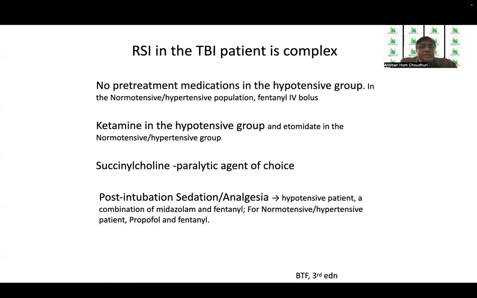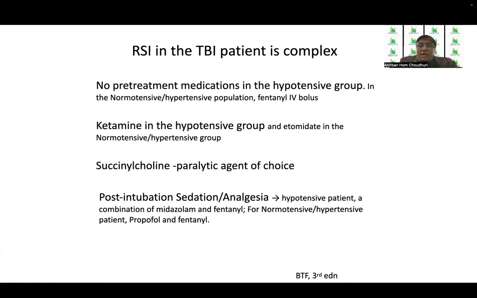So in the hypotensive group, we avoid it, but in normotensive or hypertensive population, a small dose of fentanyl bolus can be given. If the patient requires some anesthetic agent, then in the hypotensive group, it is preferable to give ketamine, whereas in the normotensive or hypertensive group, etomidate can be a choice to avoid or minimize hemodynamic fluctuations.